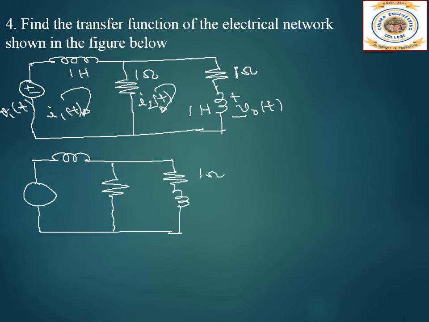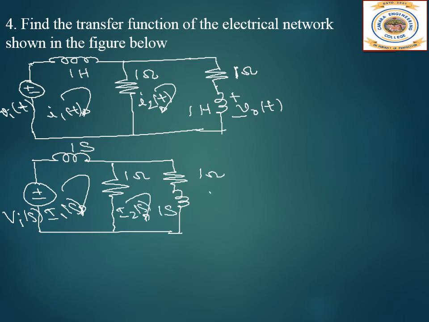This is 1 ohm, this is 1 ohm. I can write this as 1 into S. Then this is Vi of S, and here I will write this as I1 of S, and here it is I2 of S, and this is again 1S, and the voltage output is across the inductor.